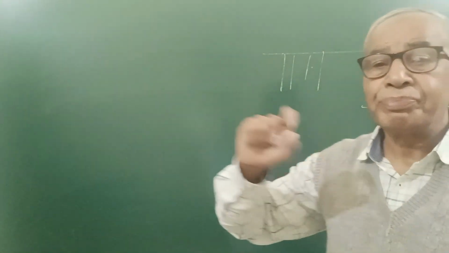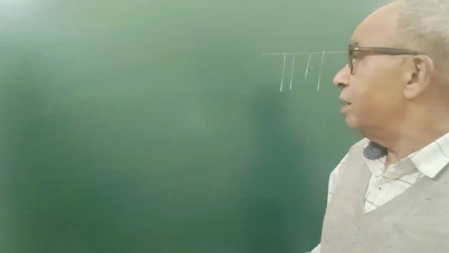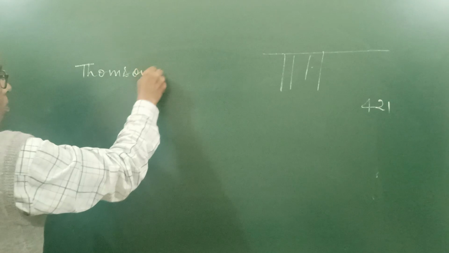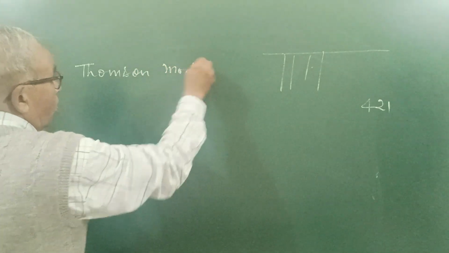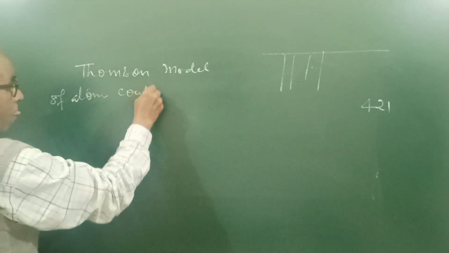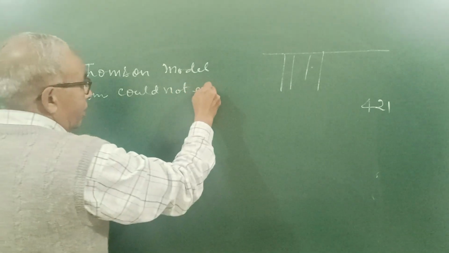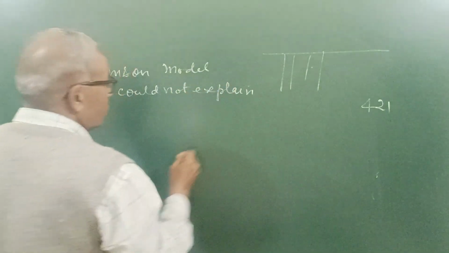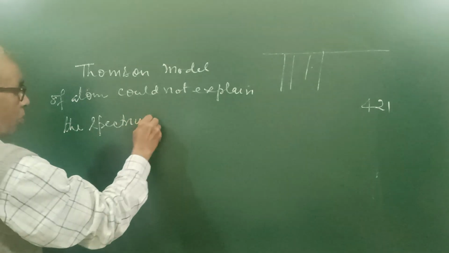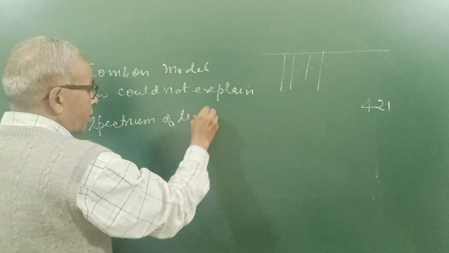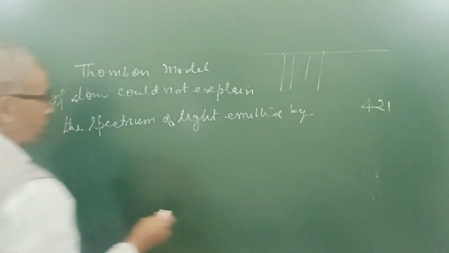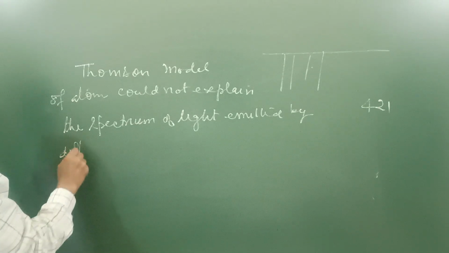Thomson model, you can write here: Thomson model of atom could not explain the spectrum of light emitted by different elements.